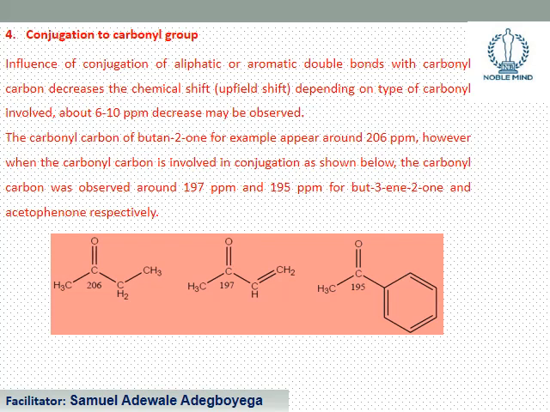So depending on the type of carbonyl carbon that you are having, there may be a decrease in the chemical shift due to conjugation to the carbonyl group, between 6 to 10 ppm. Let's present the structure below, and you see we have the structure butan-2-one.